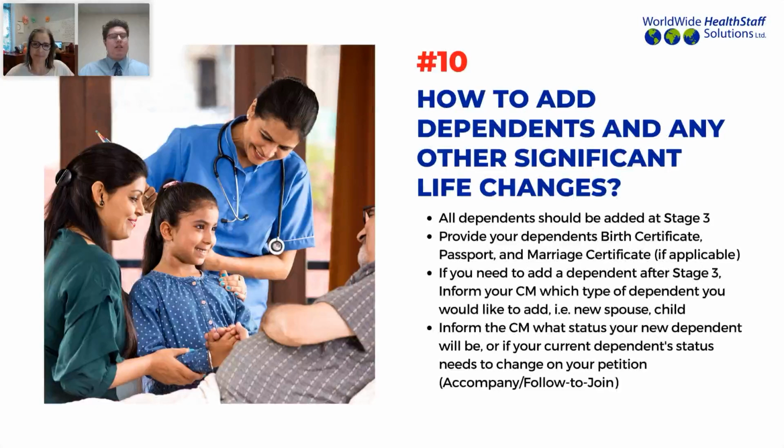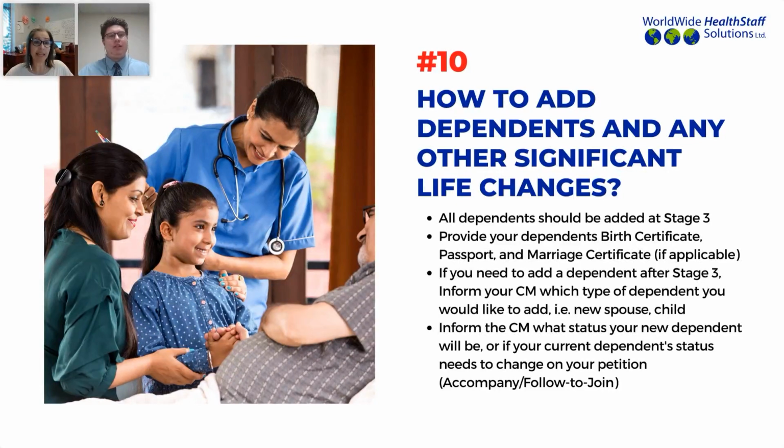Stage 3 is the best time to add a dependent just because it allows for there to be no delays throughout the process. If you were to add a dependent later on, it would typically have to be at stage 7, which could end up causing the fee bill to be pushed back further or the documentarily qualified letter to be pushed back further. So stage 3 is really the best time to be able to add a dependent.